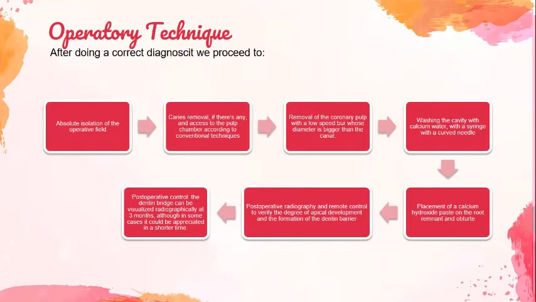Washing the cavity with calcium water with a syringe with a curved needle. Placement of a calcium hydroxide paste on the root remnant unaltered. Postoperative radiographic and clinical control to verify the degree of apical development and formation of the dentin barrier.